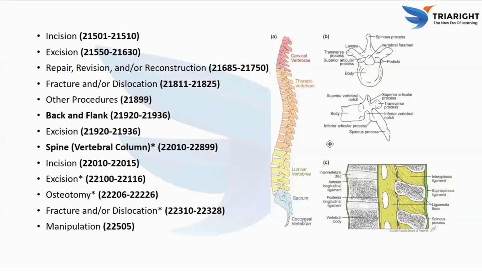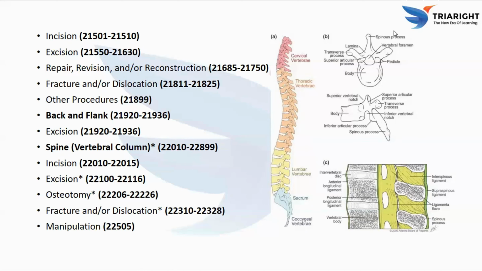On the right side, you can see the pictures of the spinal or vertebral column and also the intervertebral disc and ligaments. The spinal column shows you the cervical, thoracic, lumbar and sacral vertebrae. In picture B, it shows you the parts of the vertebra. What are the parts of the vertebra?